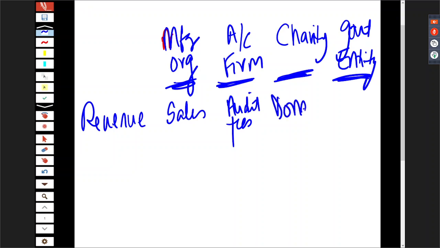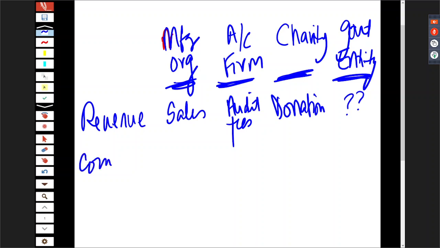So don't you think that charity runs after donors, so that they can maximize their donation income? What about a government entity? I don't know about a government entity. Maybe yes, because government entities require government funding, and government funding is not unlimited, right? So they also try to maximize the government funding allowed or allocated to them, correct?